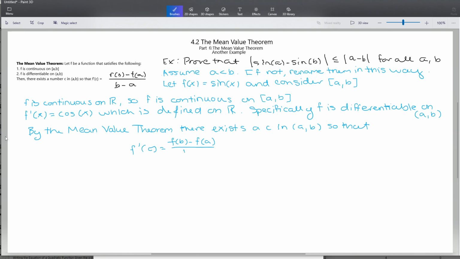over B minus A. So let's write out what that means for this particular function.